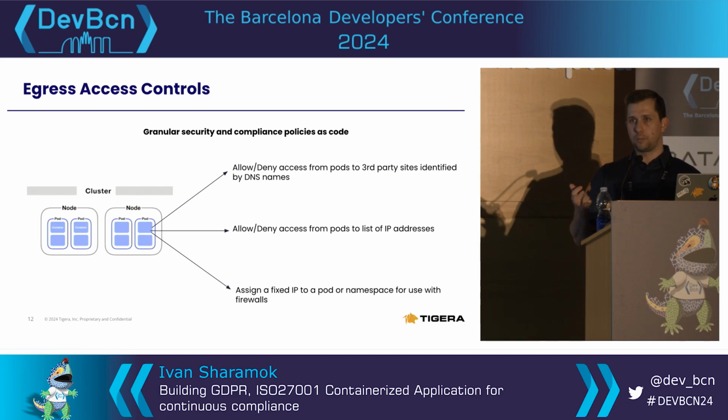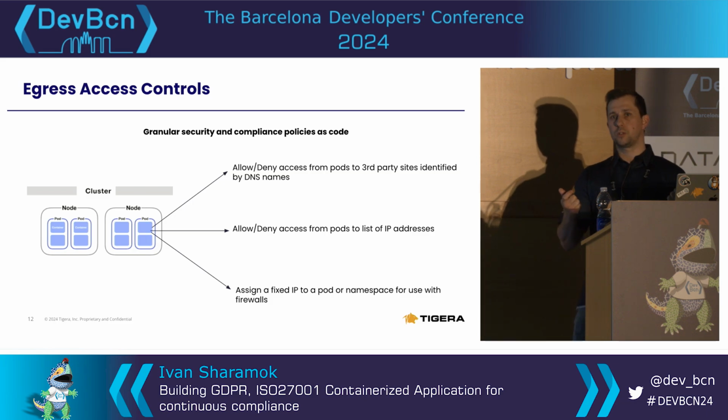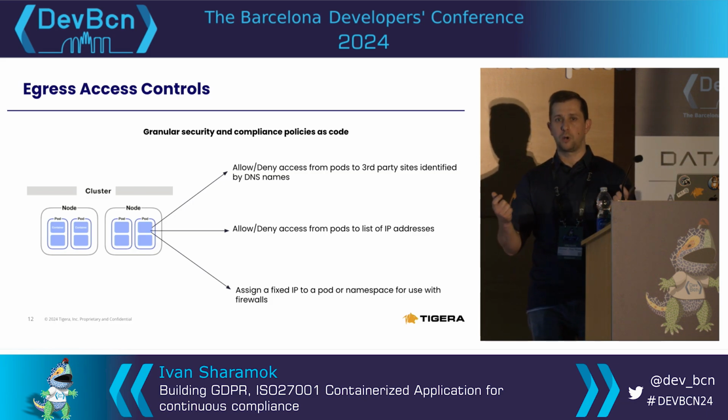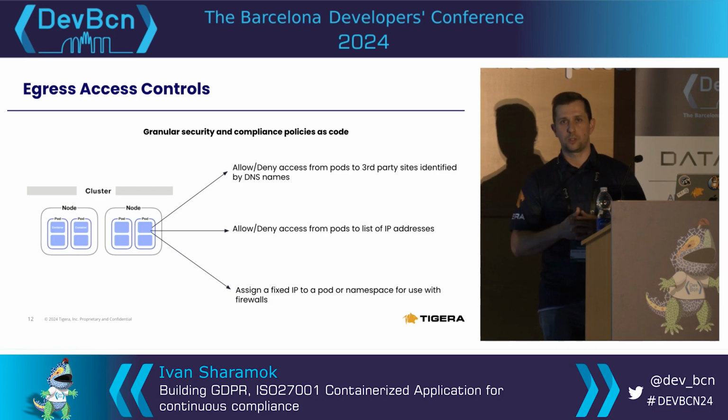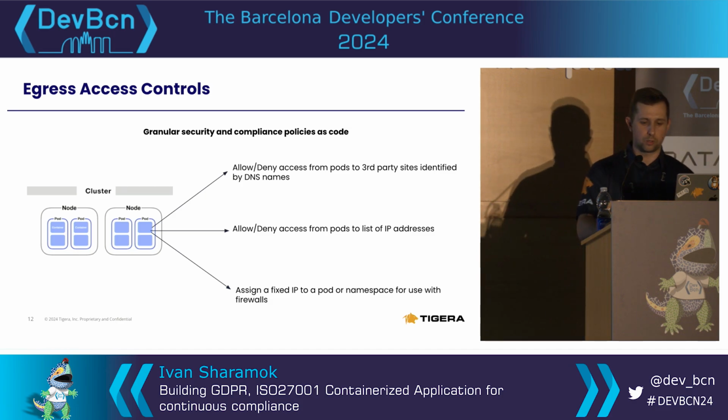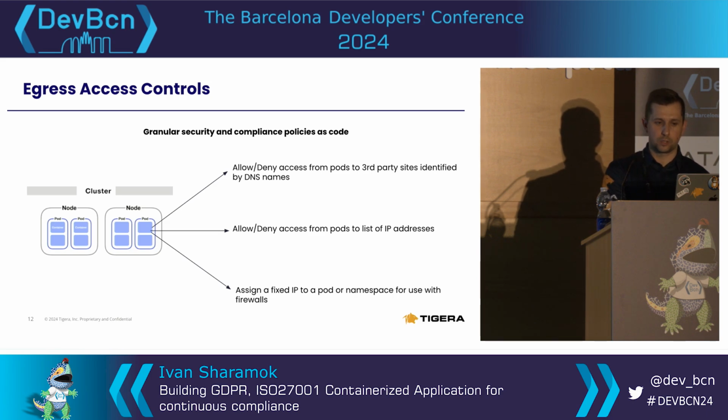If your nodes are big enough, you might have hundreds or thousands of pods running, and which pod was talking to what becomes difficult to tell. And for compliance, that also doesn't fly, because you cannot prove that the communication was only from what is allowed to talk to the service outside of Kubernetes.